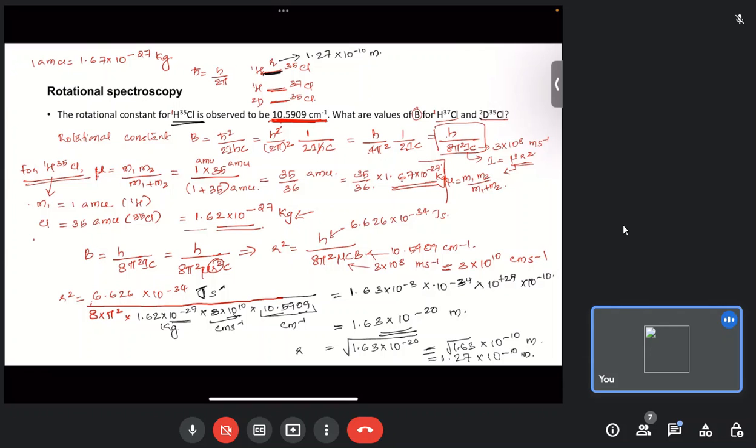And you are not supposed to take only the first couple of decimal points. You are supposed to take a couple more decimal places and repeat the calculation to get the correct answer. So there is some problem with the calculation that I have done. Please make sure that you don't make those mistakes.